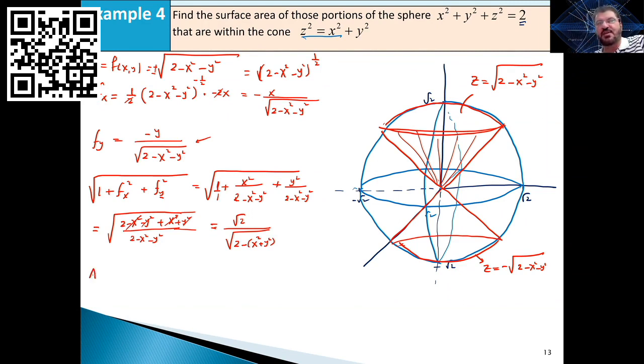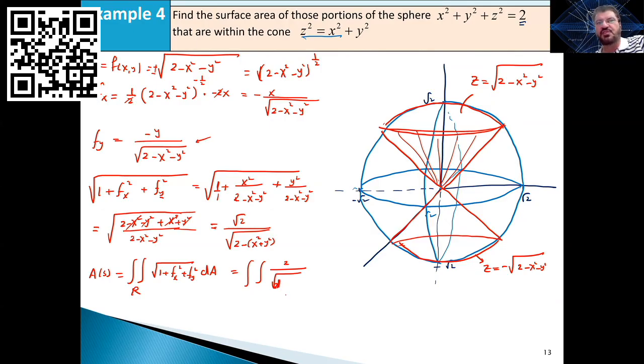What's the surface area equal to? It's the double integration of the square root of 1 plus fx squared plus fy squared, then dA over R. And this, we found it. Here it is. So this is the double integration of 2 over the square root of 1. Is it 1 or 2?